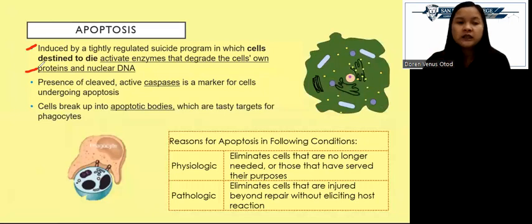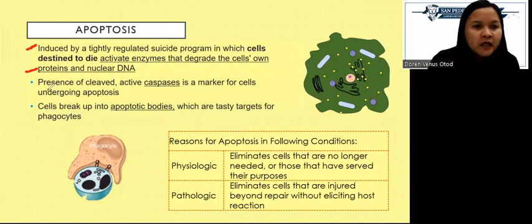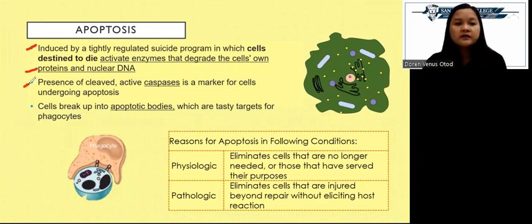So, the advantage of this type of cell death is it will prevent further damage of other neighboring cells, and it will prevent as well the growth of unwanted cells such as those cancerous cells. So there is presence of cleaved, active caspases.